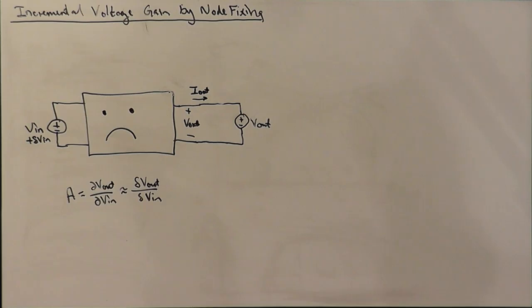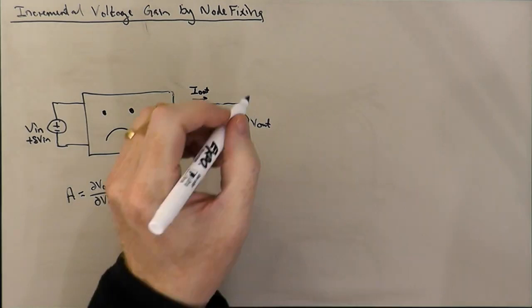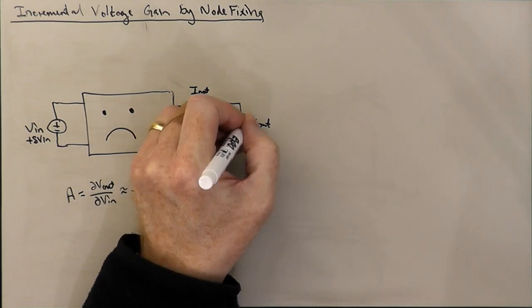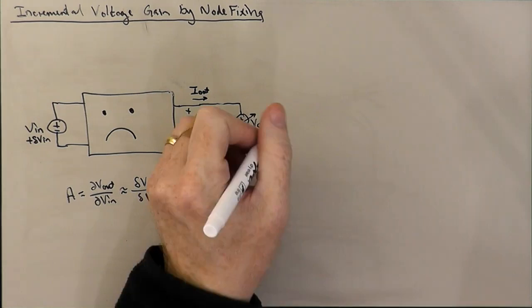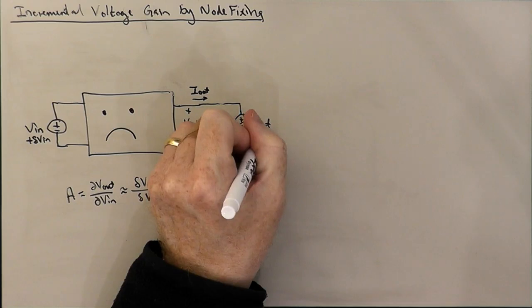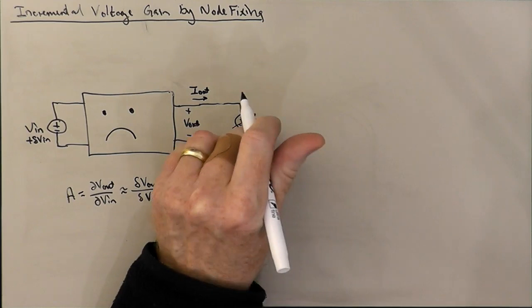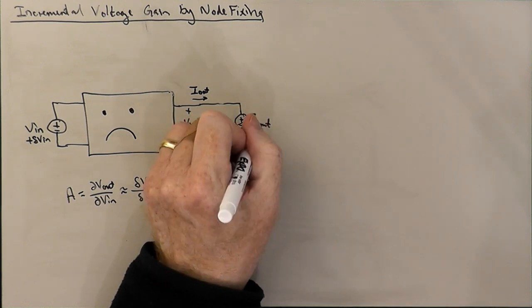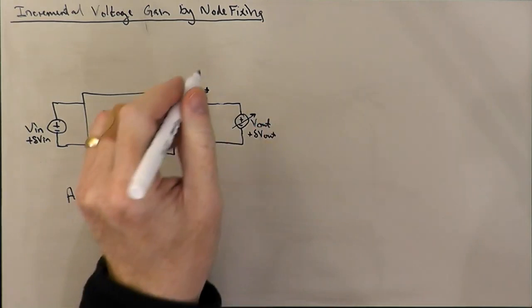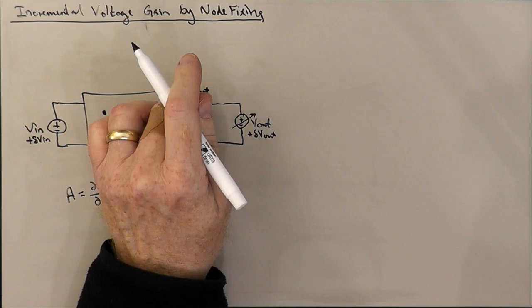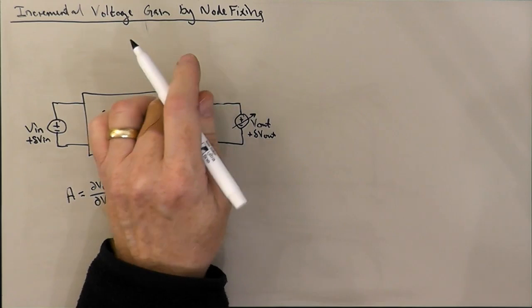So instead of disconnecting the output voltage source, what we're going to do is readjust V out, so we have a plus delta V out here, so as to basically restore the output current to 0.